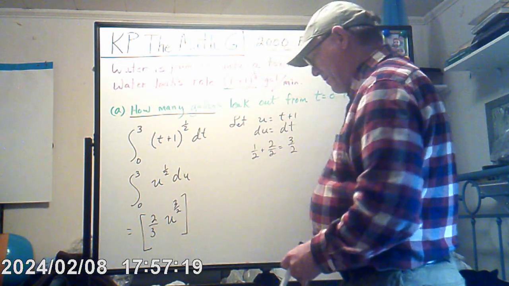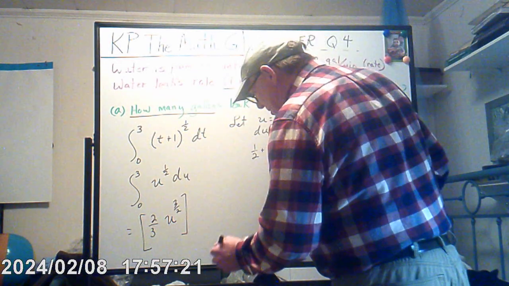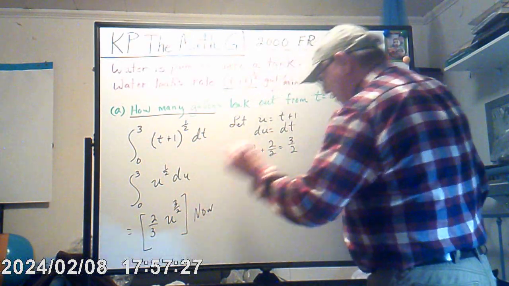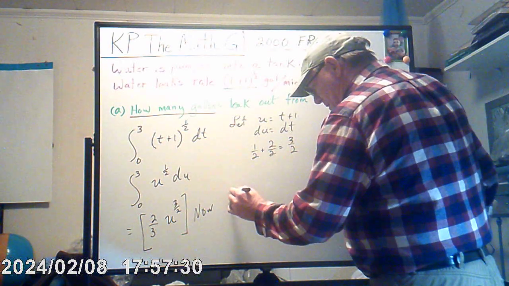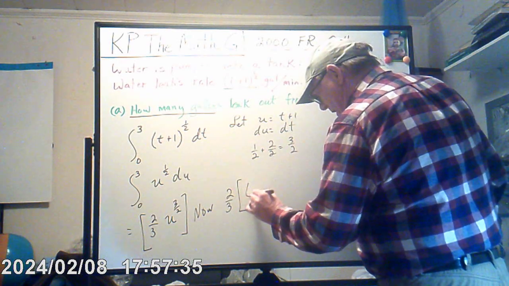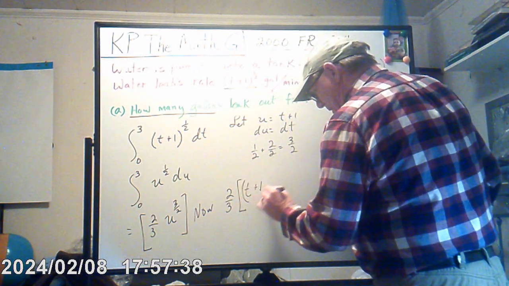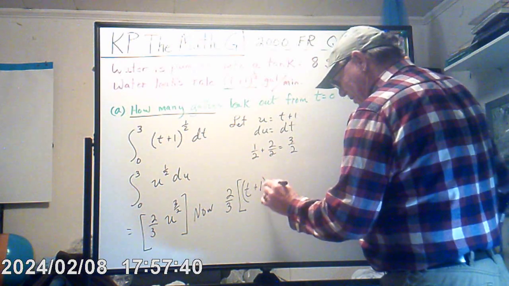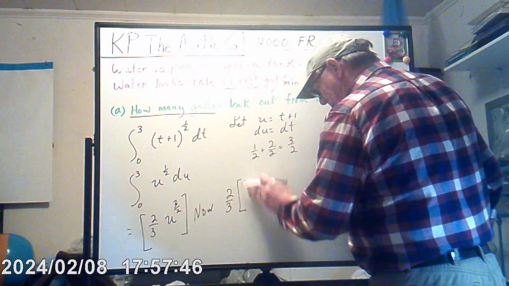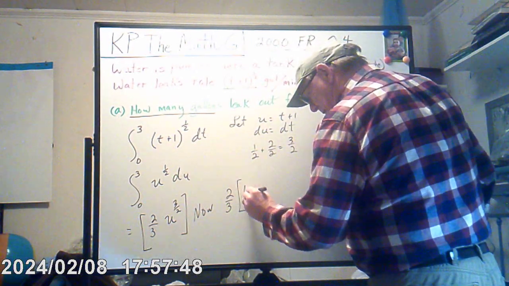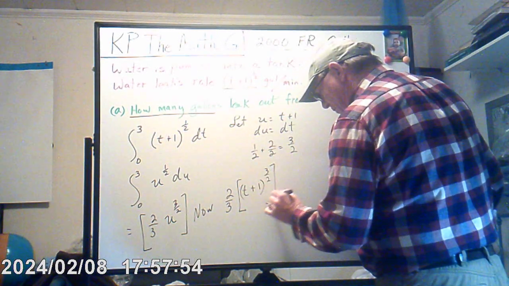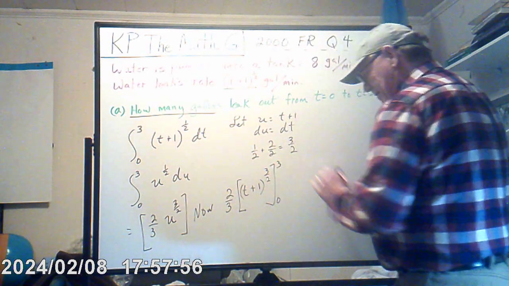Now u is t plus 1, so we have 2/3 on the outside, times (t plus 1) to the 3/2, and we are going from 0 to 3.